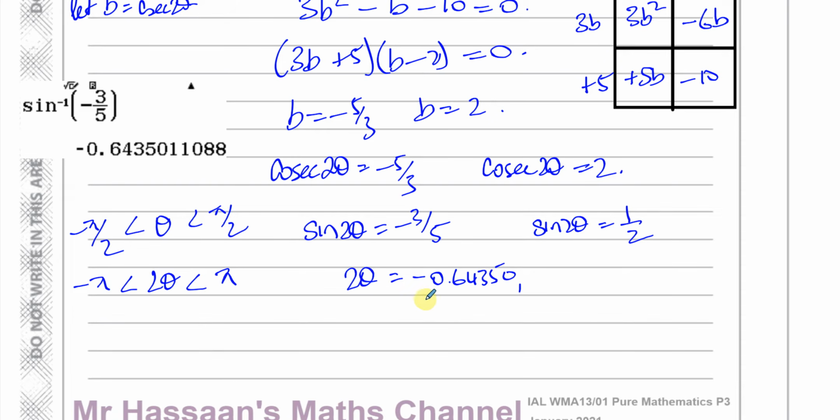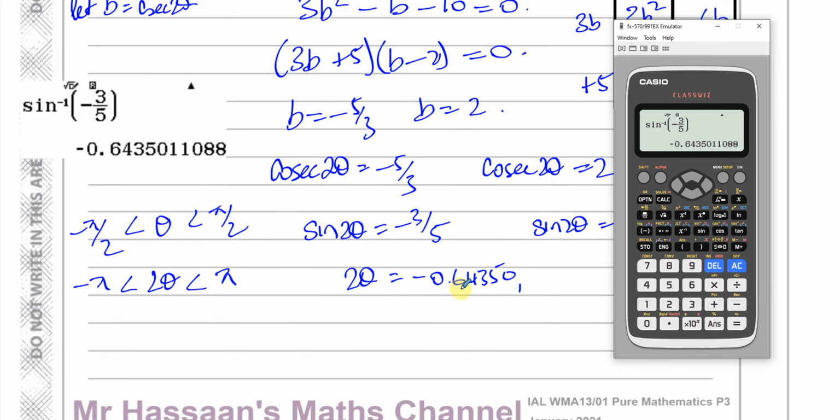Now, is it a solution? How can I tell? I can go up to minus pi. So this is way within minus pi. Minus pi is minus 3.142. Okay, so this is okay as one solution. Now, the other solutions are found for sine by doing 180 minus this answer. So it's going to be pi minus this, which will be pi plus this. Now I know that's going to be outside of my range.